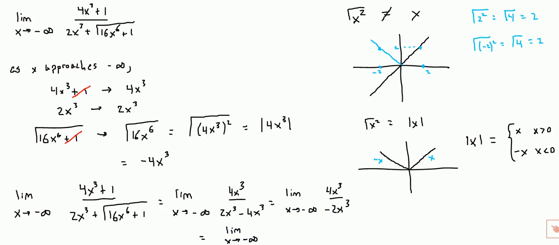Well, now each term has an x cubed, the top and the bottom, so we cross it out. So we have the limit as x approaches negative infinity of negative 2. There's no x in this equation. There's no x inside here. So that's just equal to negative 2. And that is the answer. That whole limit approaches negative 2.